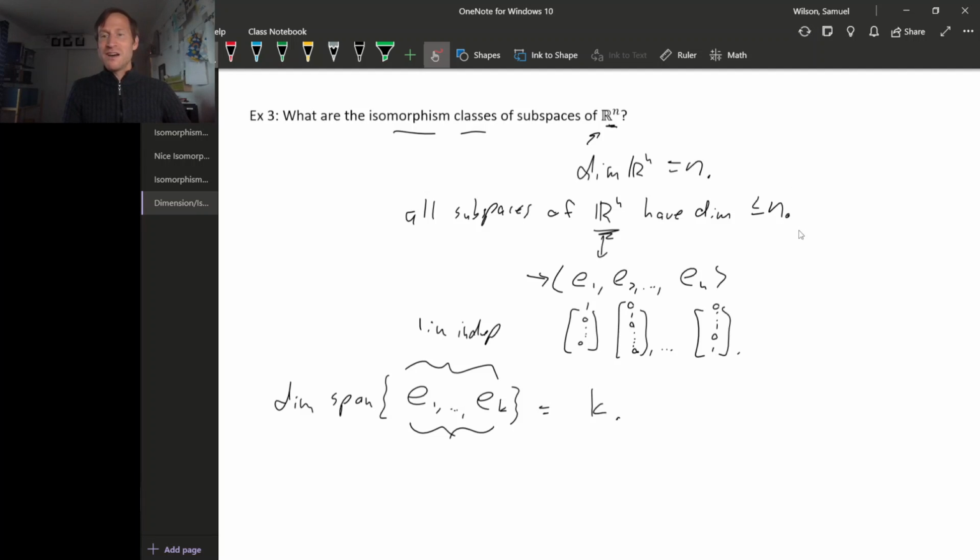So what are the possible dimensions that fit into Rn? Well, 0, 1, 2, and so on, all the way up to n. In other words, every dimension less than or equal to n is represented.